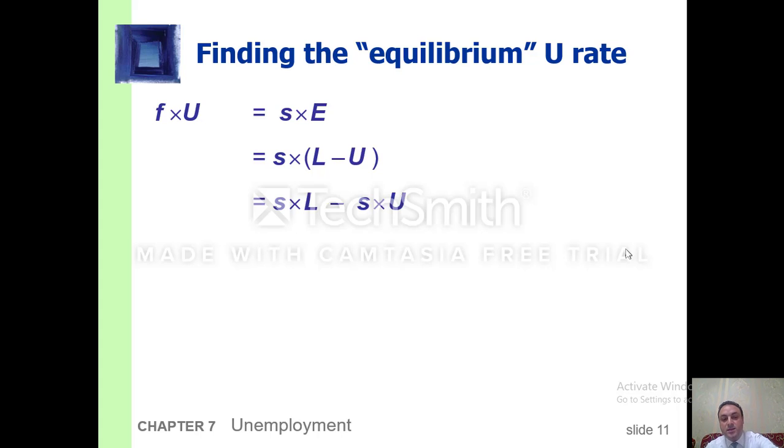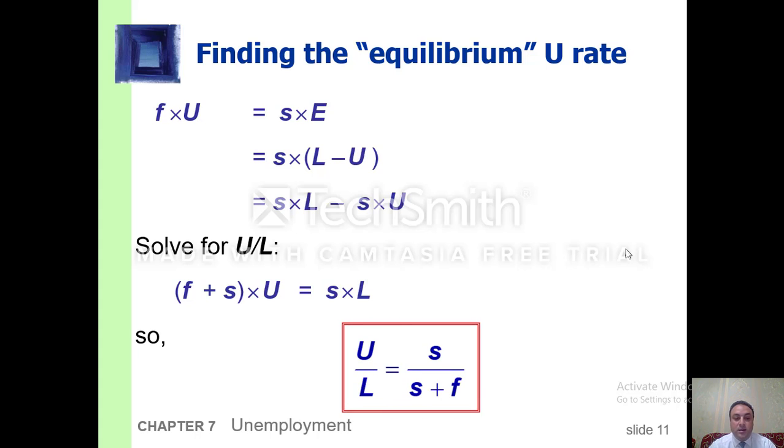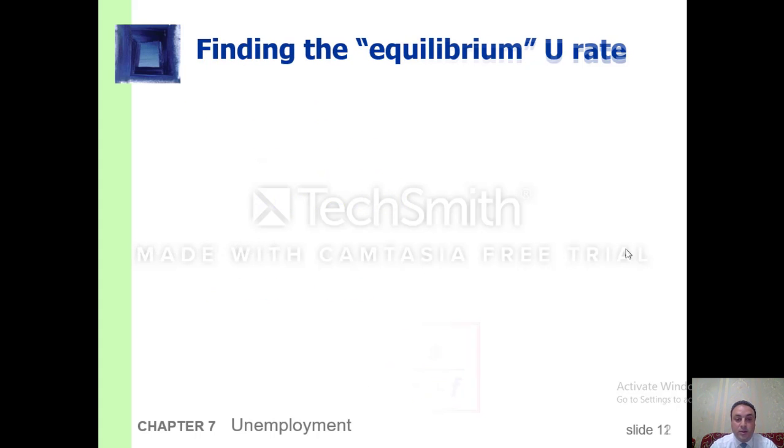So in this case, S E will be S L minus S U, and to solve this equation for the natural rate of unemployment, by dividing the unemployed people by the total labor force, we find that U over L equals S divided by S plus F, or the fraction of people who lose their jobs divided by the sum of the people who lose their jobs or find new jobs.